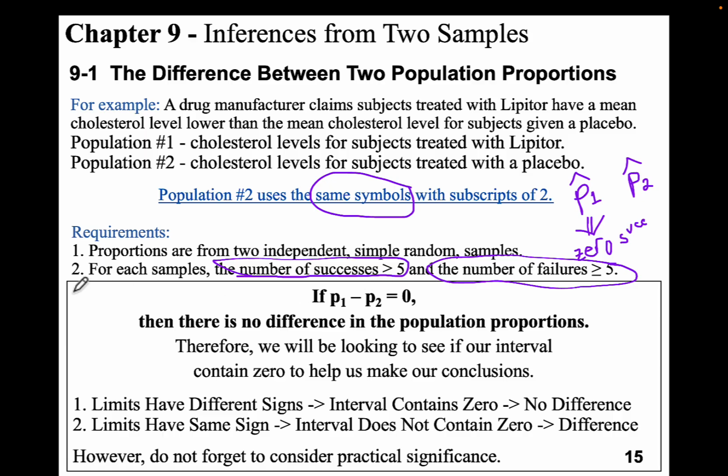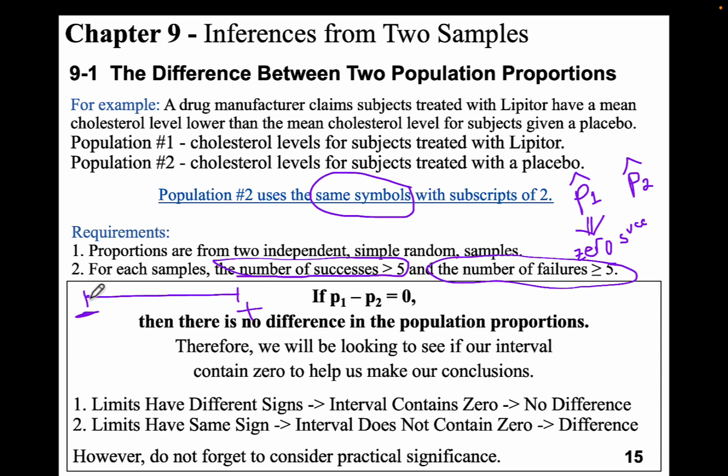Okay, what we mean by that is, let's say we have an interval like this here. Let's say the interval starts at a negative value, and let's say the interval ends at a positive value. Then this interval, 0's included in there. It's the only way, because you start at a negative, you end at a positive.